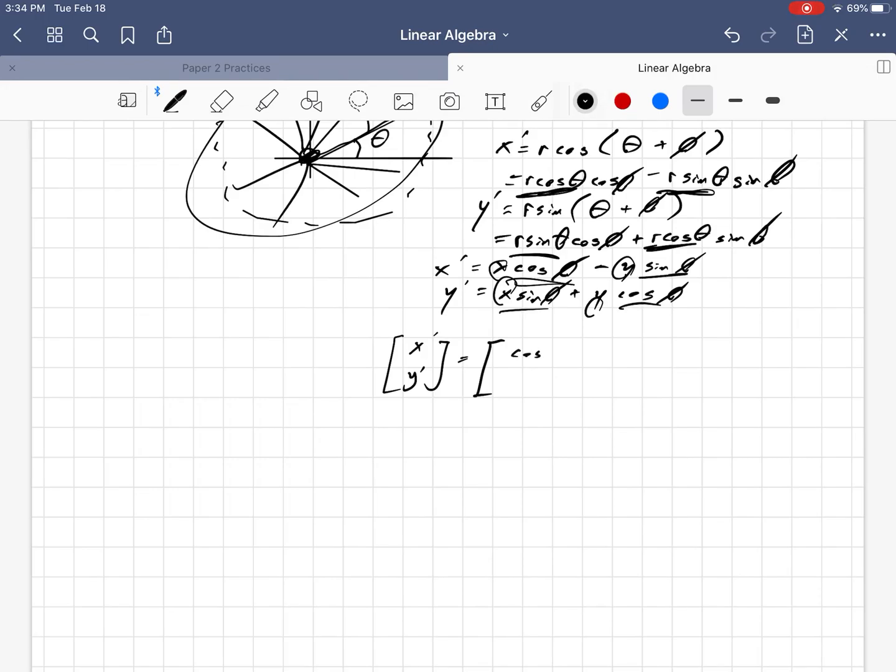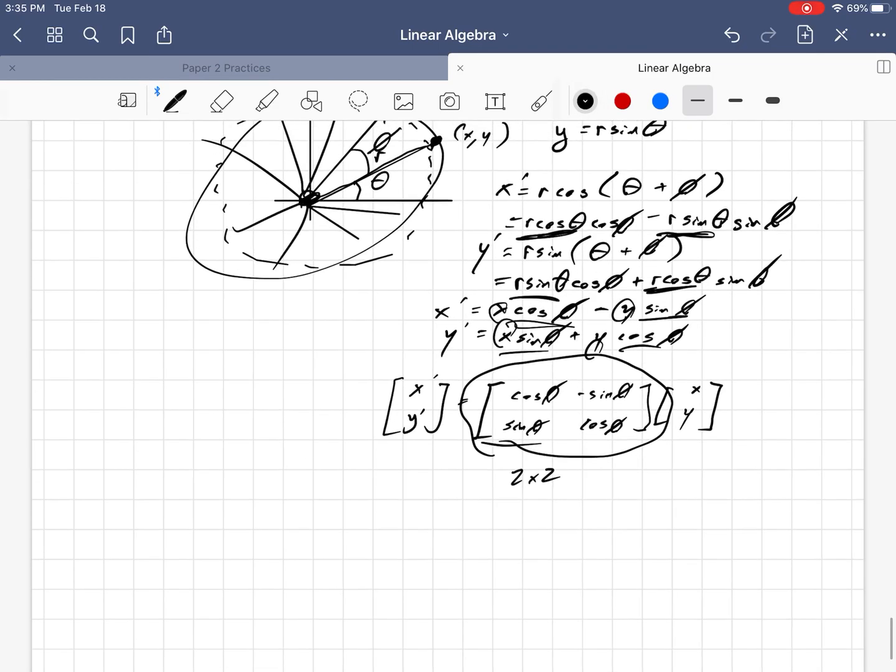So I get the matrix cosine phi, negative sine phi, sine phi, and cosine phi times x, y. And this matrix here is the two-dimensional rotational matrix.